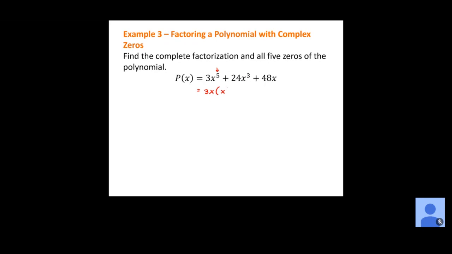All right, guys, we'll have x to the 4th. Then we're going to have an 8x squared and a positive 16. So that's our first step. Since we have that common factor, go ahead and factor that out.